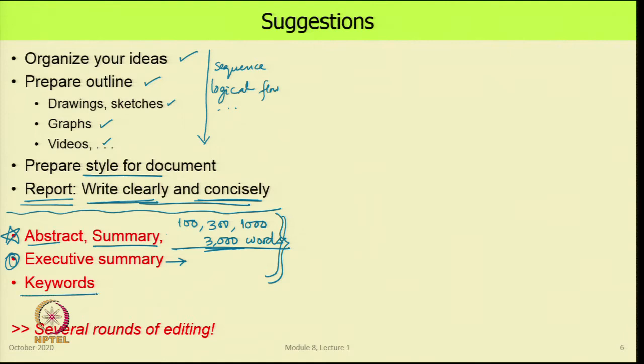And then for every report or whatever document we make, there have to be keywords. A few keywords, maybe 3, 4, 5, 6, no more than that. Because in today's world, when people go about searching, the first thing they will look at is keywords, then they will look for some words which appear in the summary or the abstract or the title.